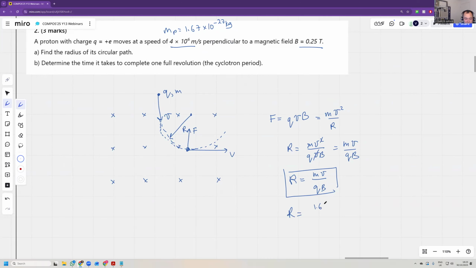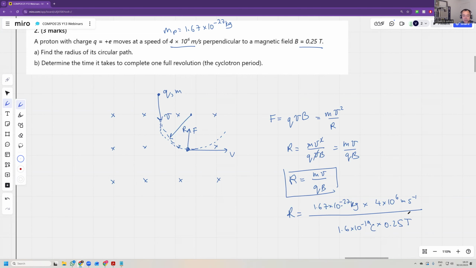Mass 1.67 times 10 to the minus 27 kilograms multiplied by the velocity 4 times 10 to the 6 meters per second divided by Q, which is 1.6 times 10 to the minus 19 multiplied by 0.25 Tesla.